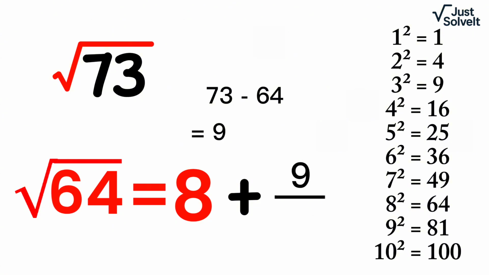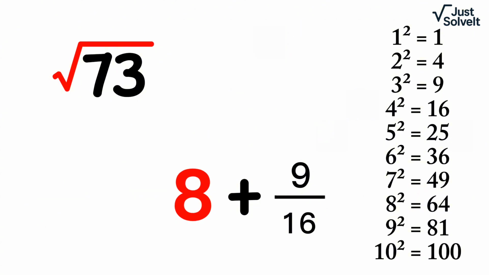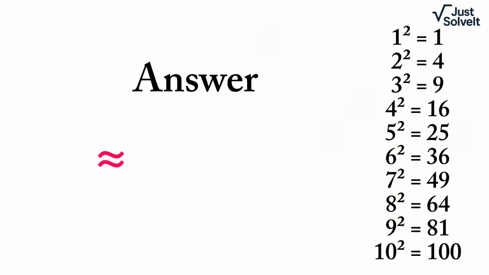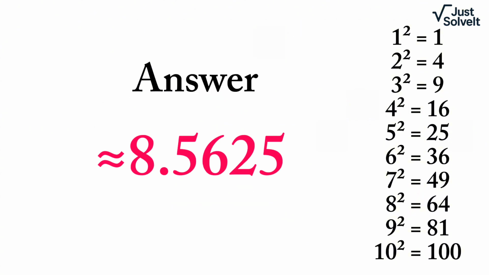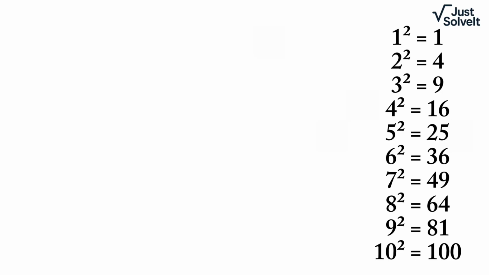That gives you 9. Now, double the base number, 8 times 2 is 16, and put it in the denominator. So the fraction becomes 9 over 16, which is 0.5625. Final answer, 8.5625. Actual value, 8.544, which is super close and very fast.